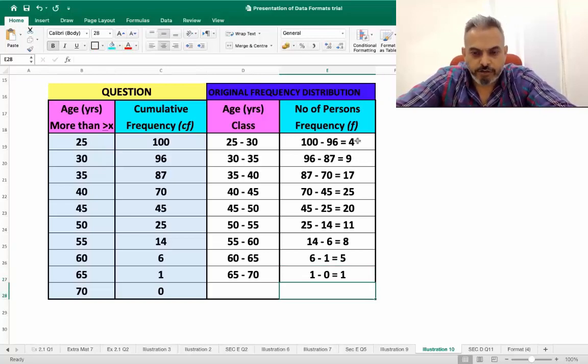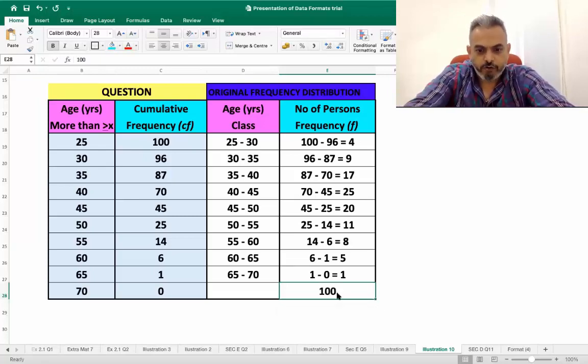Let's check out the total. 4 and 9, 13 and 17, 30, and 25, 55, 65, 75, 86, and 8 is 94, and 6 is 100. So total 100. Always verify this.